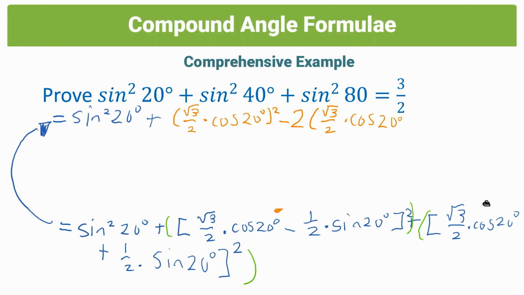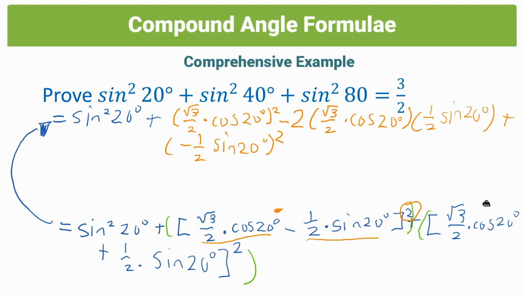Remember, we're multiplying by 2 because that's our expansion for the square over here. That's going to be multiplied to half sine 20 degrees. And then finally, we add the minus half sine 20, and we square that last term. So we've squared our first term, we've squared our last term, and we've multiplied 2 times the 2 terms.